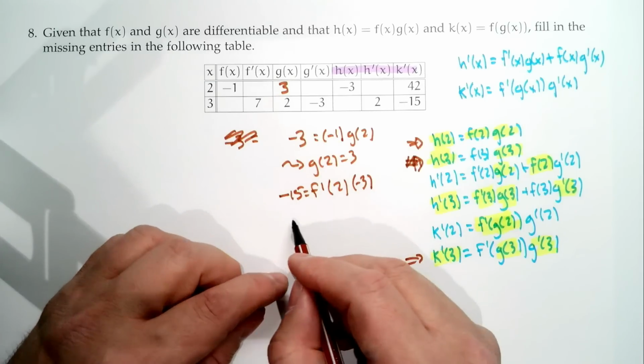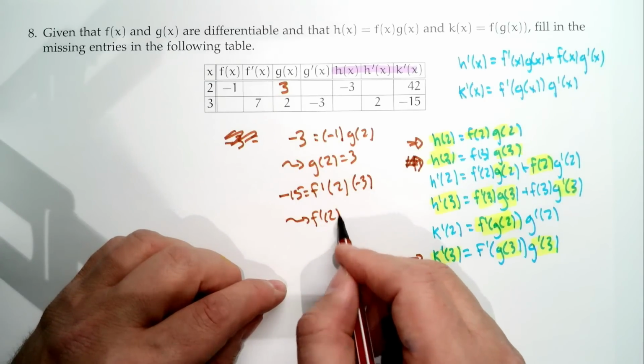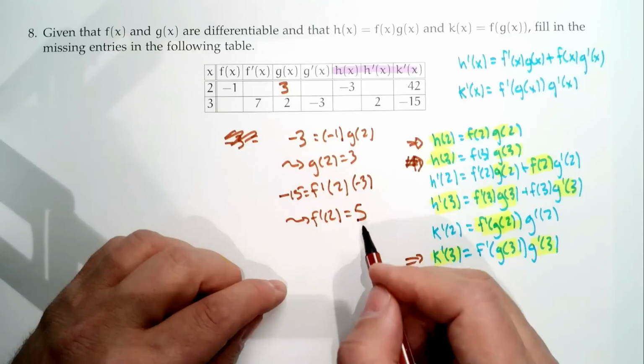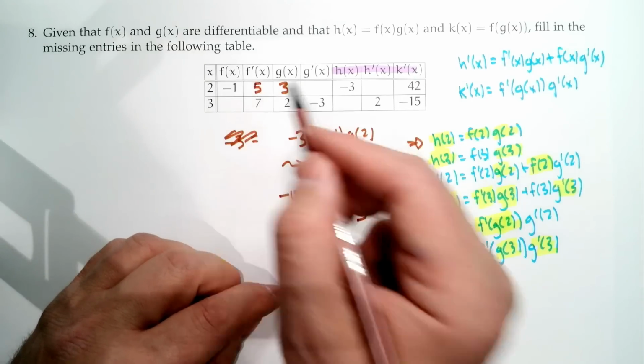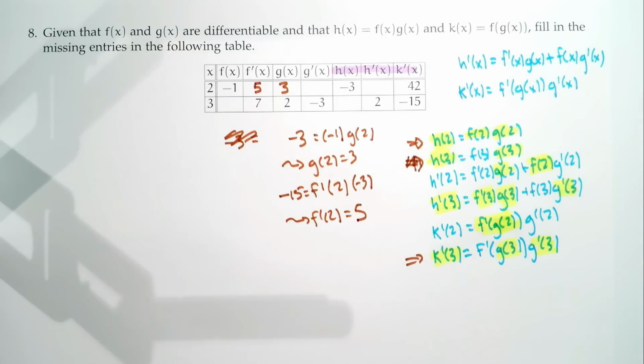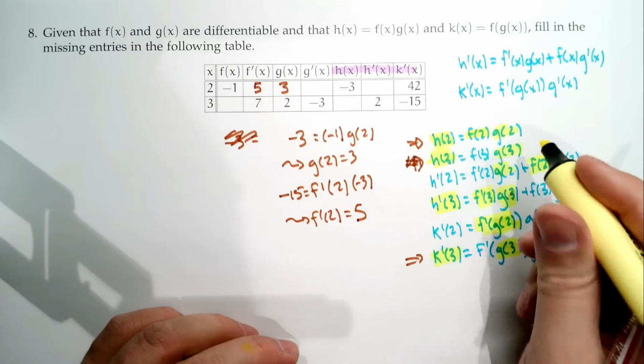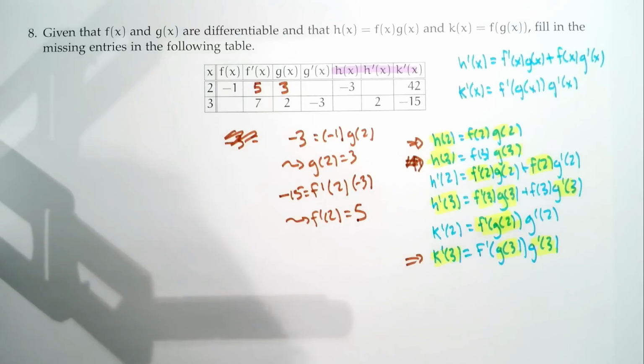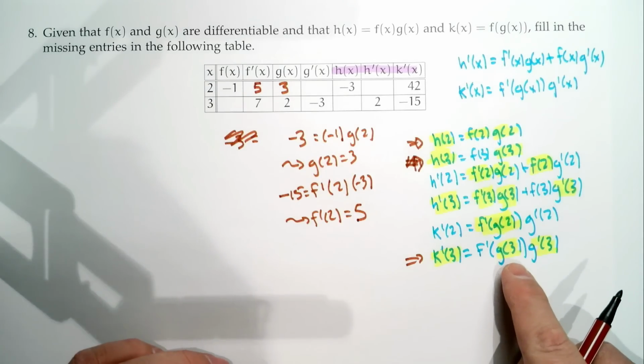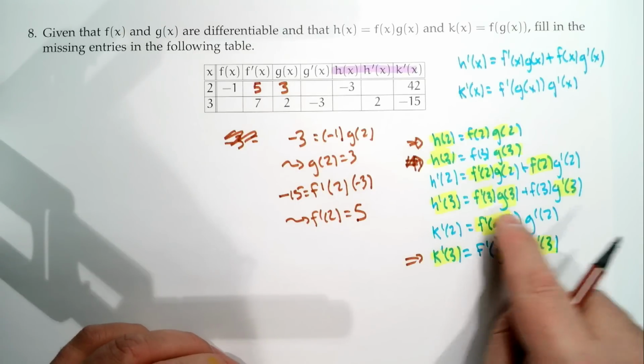It tells us that f prime of 2 is 5. So that goes there, and now we know f prime of 2. And we start thinking to ourselves, okay, does that give us anything? Well, it gives us a little bit, that's for sure. But we say, oh, hey, here's something. We already used that. Here's one.